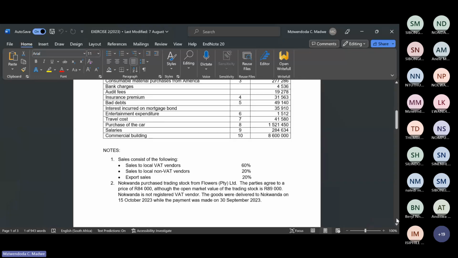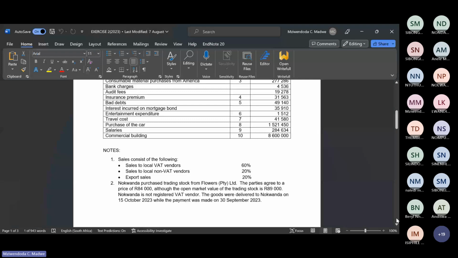If you go to note 1, your sales are categorized into 3: local sales to vendors, and local sales to non-vendors. Number 1 and number 2.